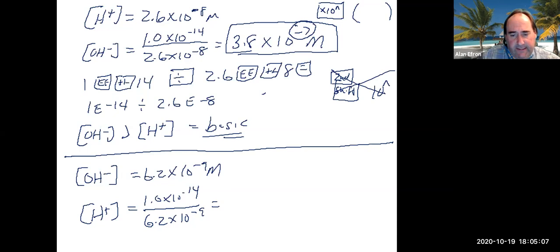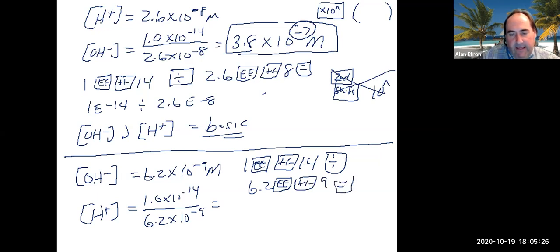Again, putting it into your calculator, 1 exponent button, negative button, and 14, divide button, and 6.2 exponent button, negative, and 9, and then equals.